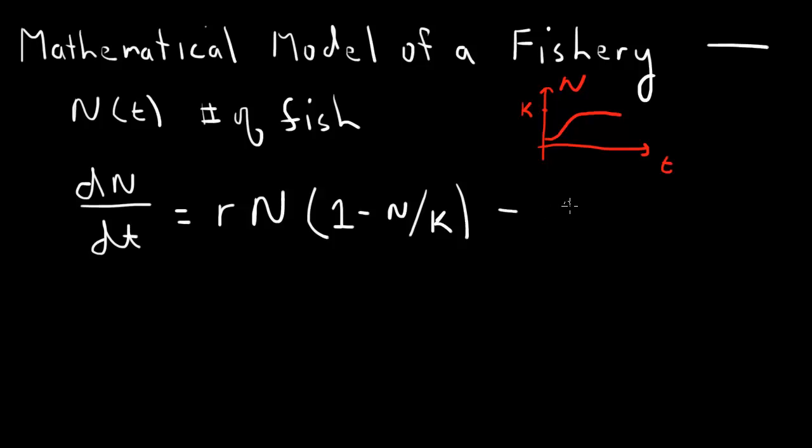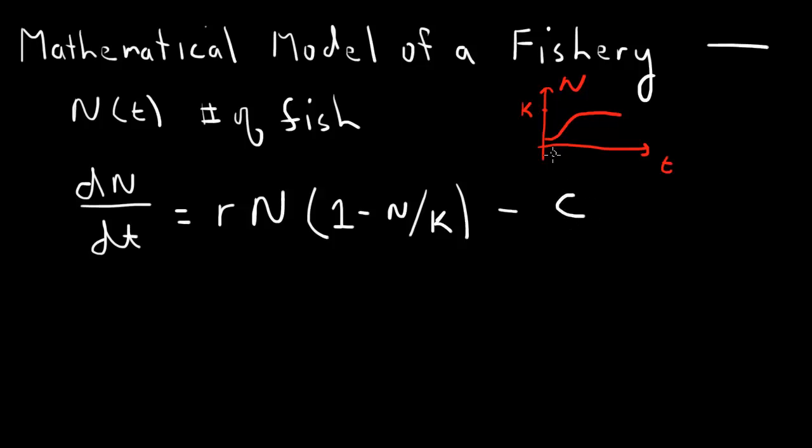So dn dt would have a minus c term here. And that would be fine as long as n is large, say at the carrying capacity of the environment. When n is around K, you would get c fish caught per year, probably due to the fishing quota set by the government, c fish per year.